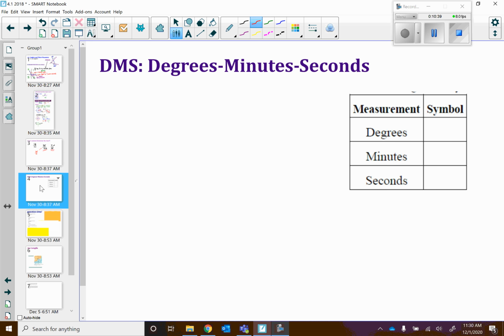The last thing in this section is called degrees, minutes, seconds, and it is a more accurate measure of degrees. So I'm going to start by saying that the symbol for degrees is this little circle. The symbol for minutes is one little apostrophe, and the symbol for seconds is two. Let me make that clearer.